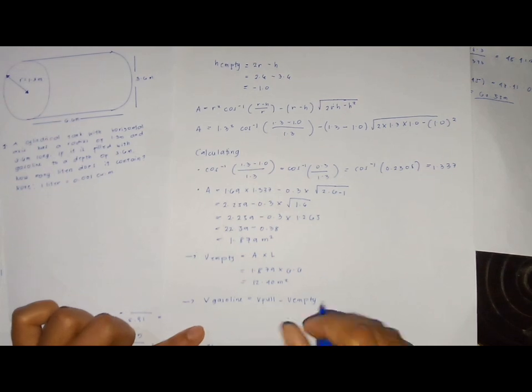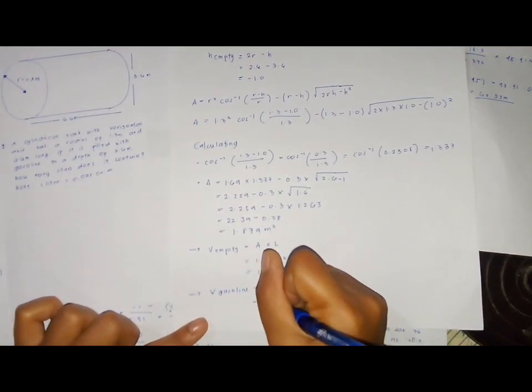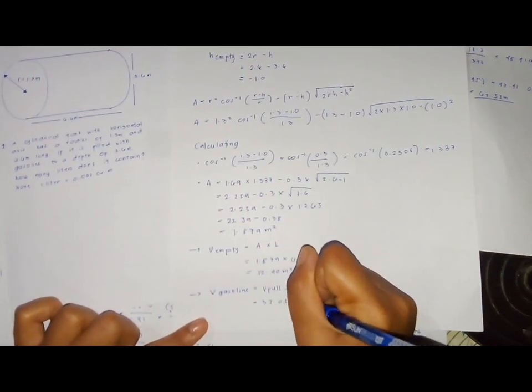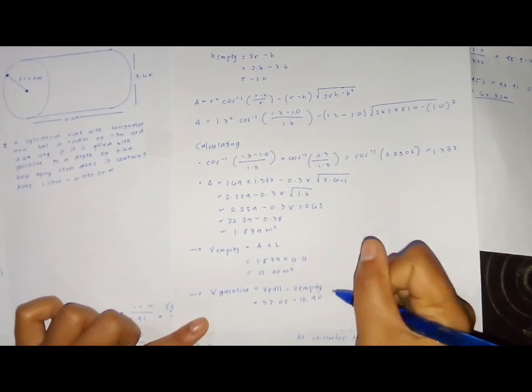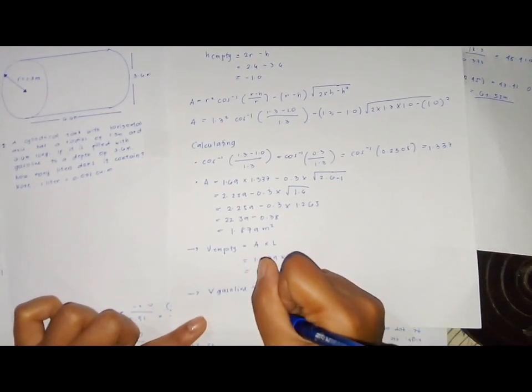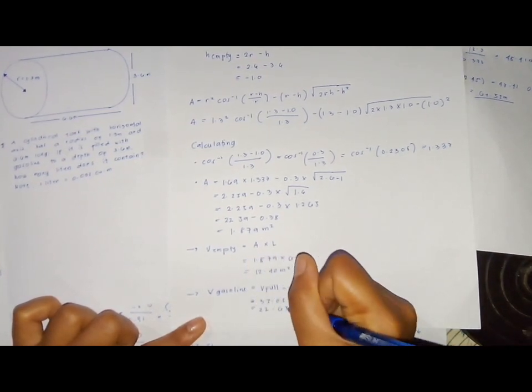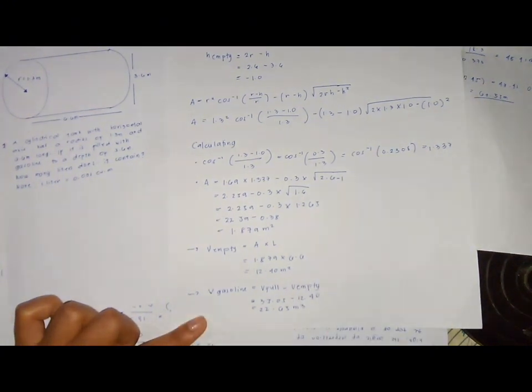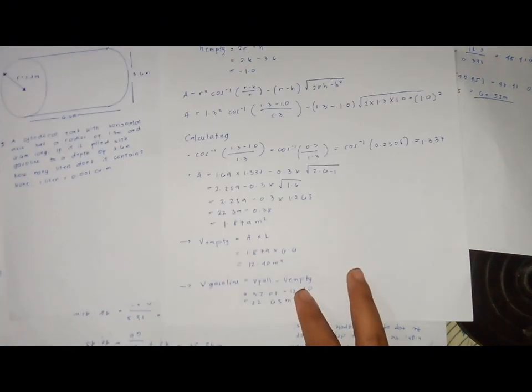So we have here 35.05 minus 12.40, so the answer is 22.65 cubic meters. So convert into liters.